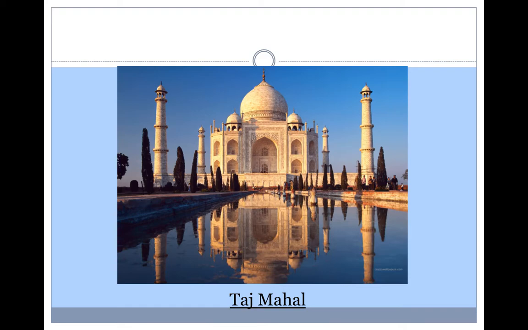And so the Taj Mahal is the encompassing monument both to the blending of these two cultures, as well as the interesting story behind it, which is that it was built as an homage to the ruler of India's wife at the time, who had died, and it was his beloved wife.